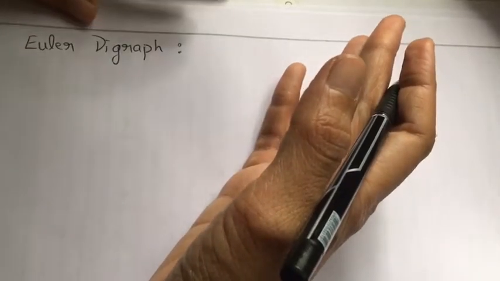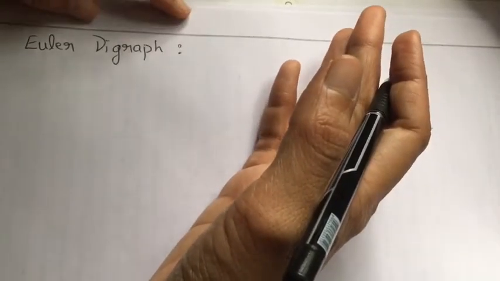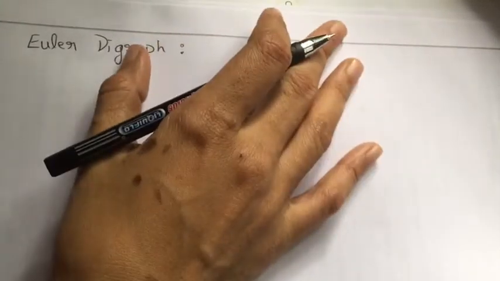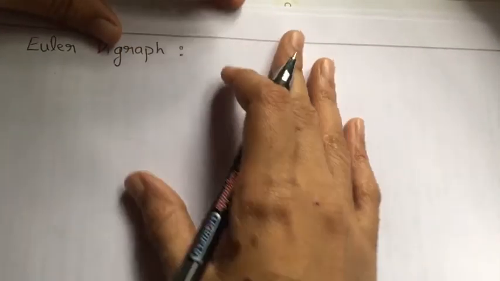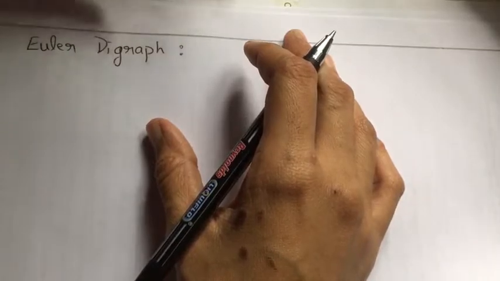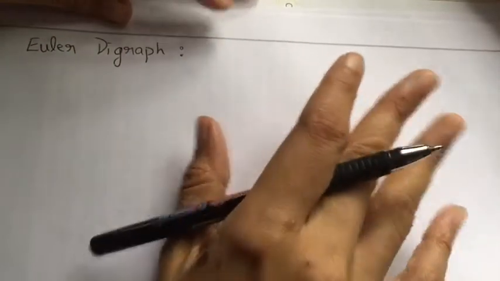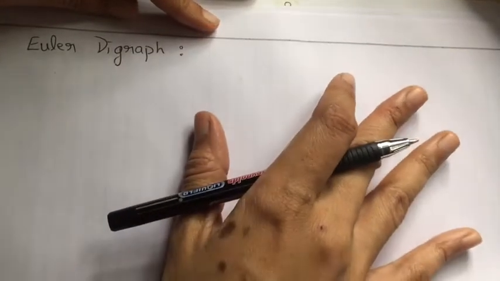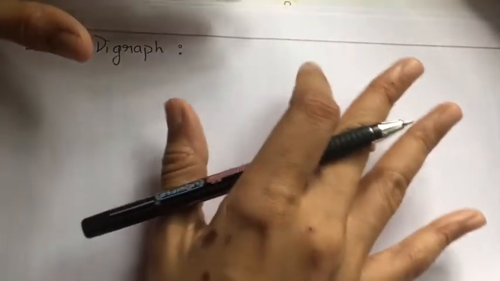But in a digraph, if there is a closed directed walk which traverses every edge of G exactly once, then I say it has got an Euler line.